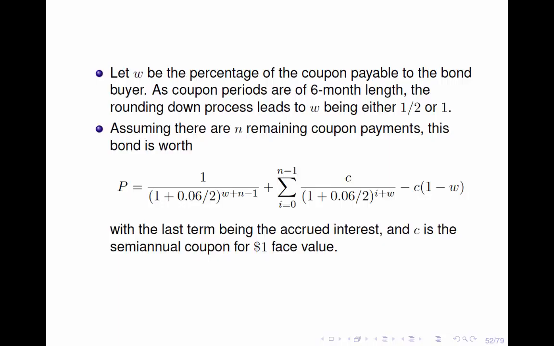Assuming there are n remaining coupon payments, the full price of the bond is the sum of all the future cash flows, including the principal and the n coupons, discounted at 6% yield rate with semi-annual compounding. Subtracting the accrued interest C times 1 minus W from the full price, we get the claim price, which will be used as the conversion factor for this coupon bond.